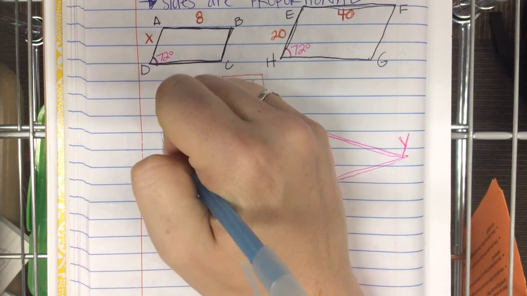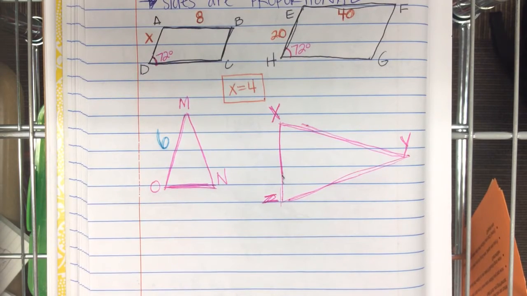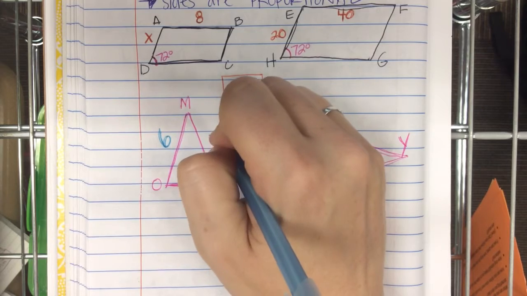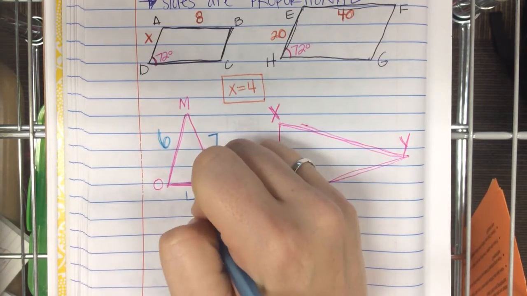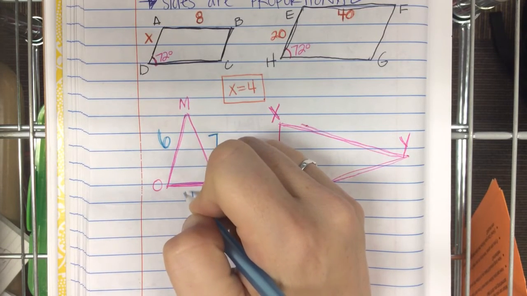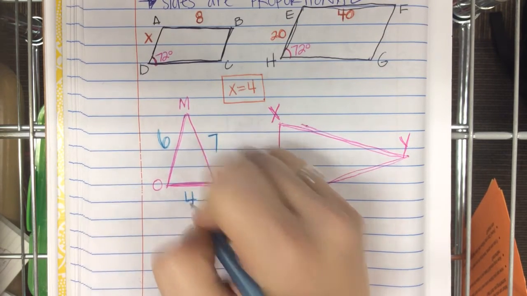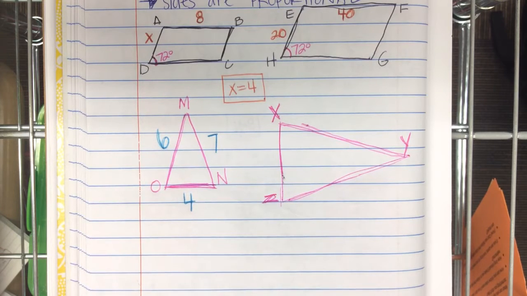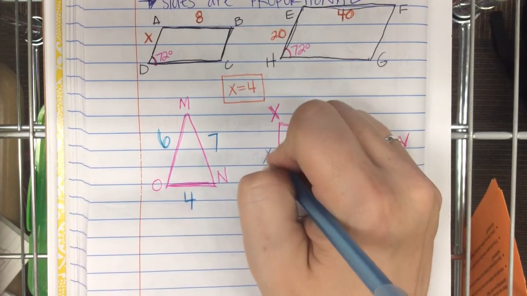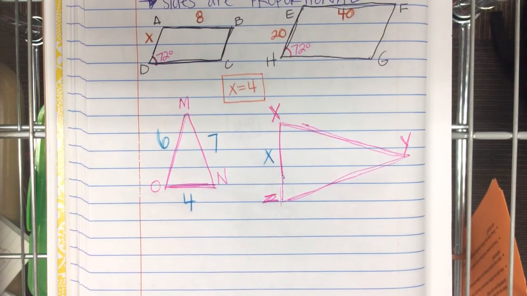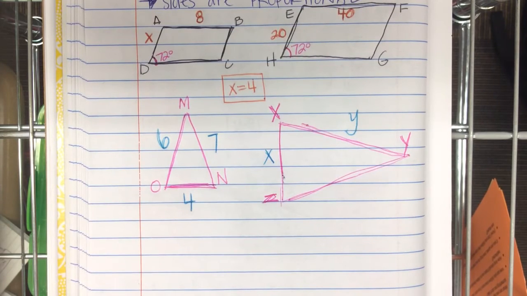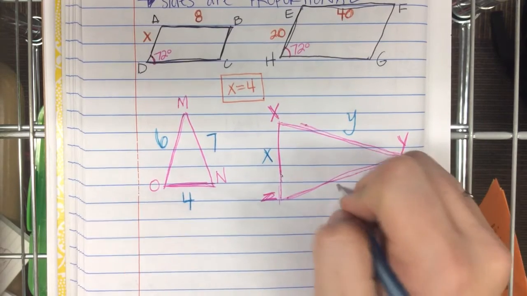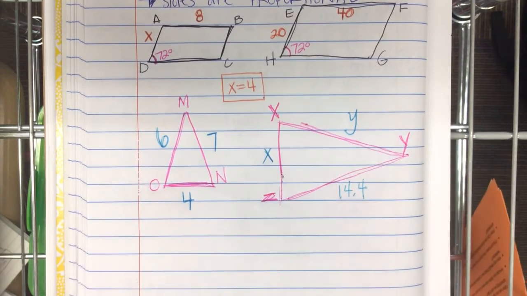If this side is 6, and this side is 7, and this side is 4, and this side is X, and this side is Y, and this side is 14.4.